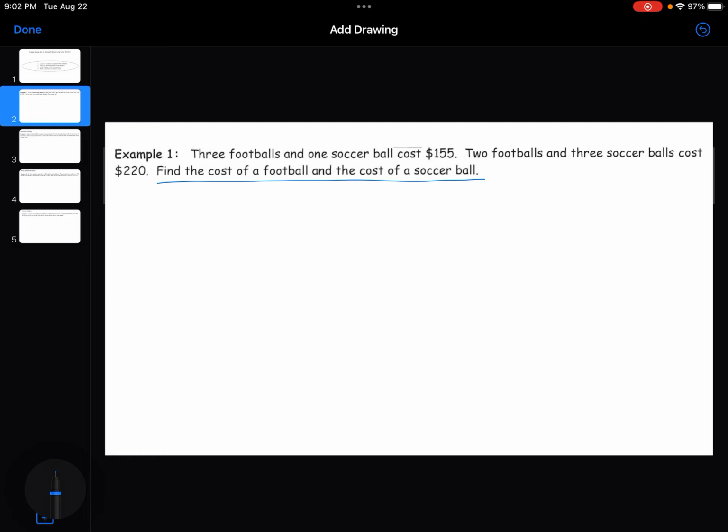So we're going to have let, and I'm just going to use x and y. Let x be the cost of a football, and let y be the cost of a soccer ball.